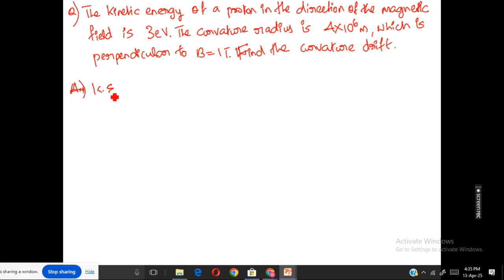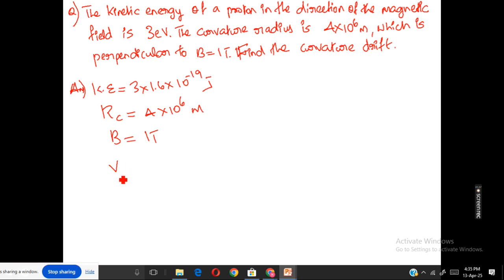Kinetic energy is given, 3 into 1.6 into 10 raised to minus 19 joule. RC, the curvature radius, is given as 4 into 10 raised to 6 meter. And the magnetic field is given as 1 Tesla.